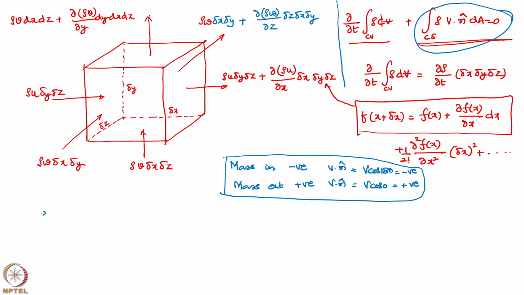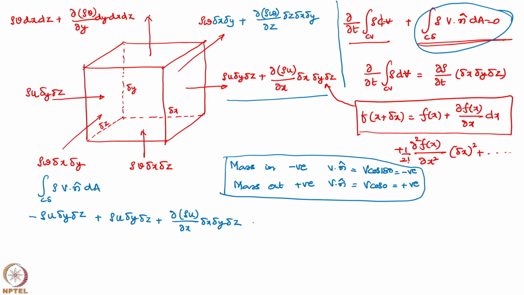So you have rho u delta y delta z. Remember, I am writing the integral over the control surface of rho V dot n dA, that is minus rho u delta y delta z plus rho u delta y delta z plus dou of rho u by dou x delta x delta y delta z, plus this term minus rho v delta x delta z, mass flow rate in is minus, plus rho v delta x delta z plus dou of rho v by dou y delta x delta y delta z.